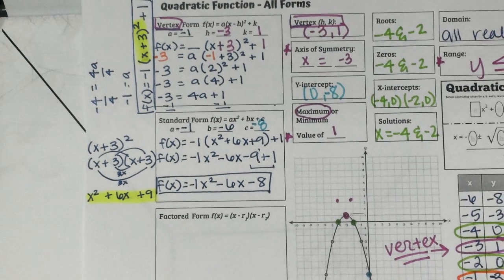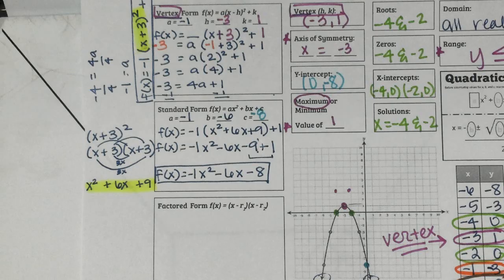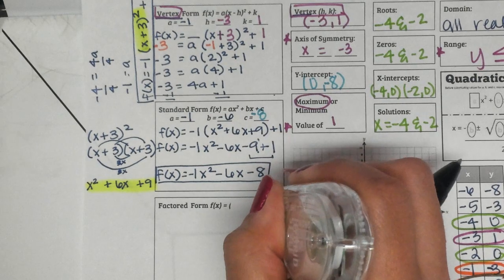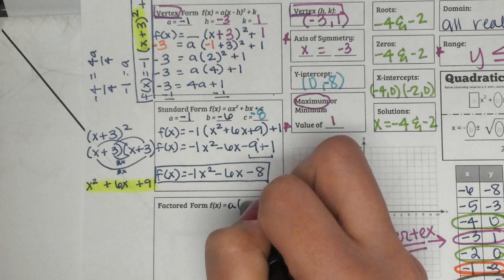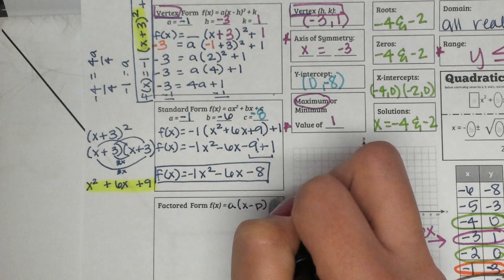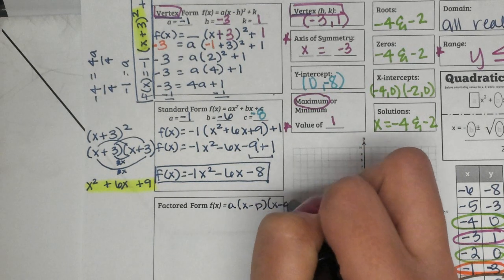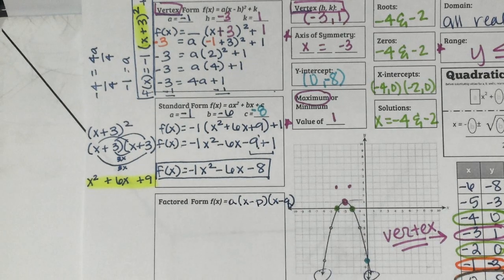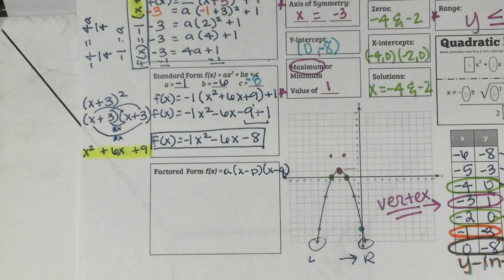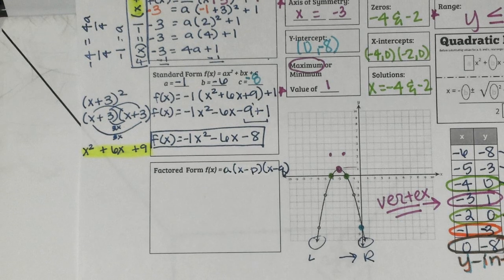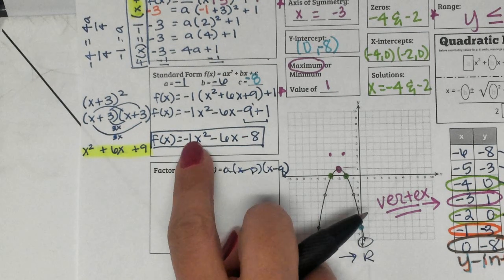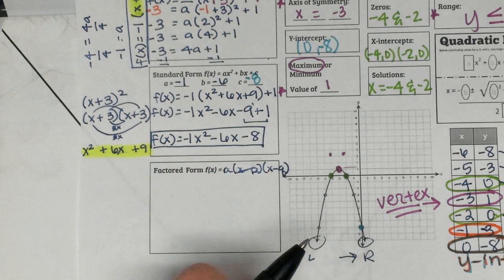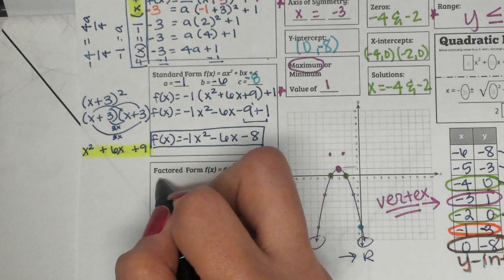Okay. And my final portion, factored form, we're actually going to change what this says. It's going to be A parentheses x minus P, close parentheses, x minus Q. For factored form, we take this equation right here and factor it out. That's my Xbox method. First thing we're going to do is look for a GCF.